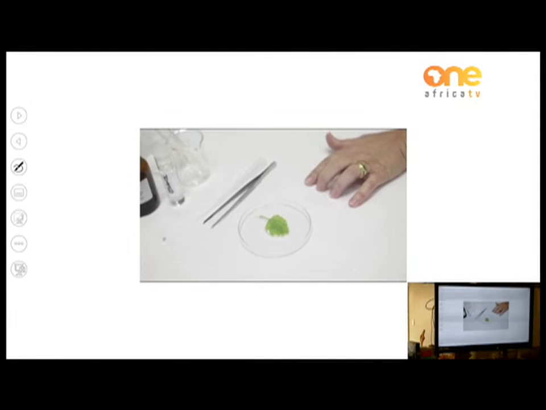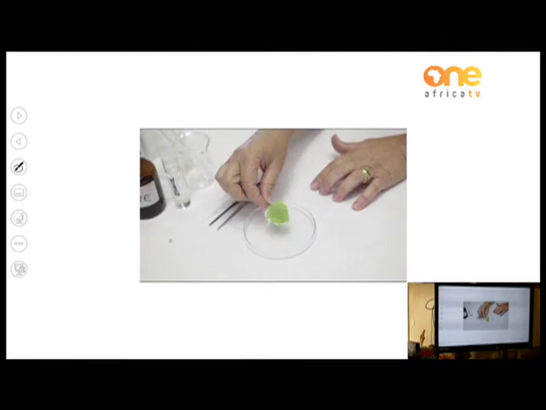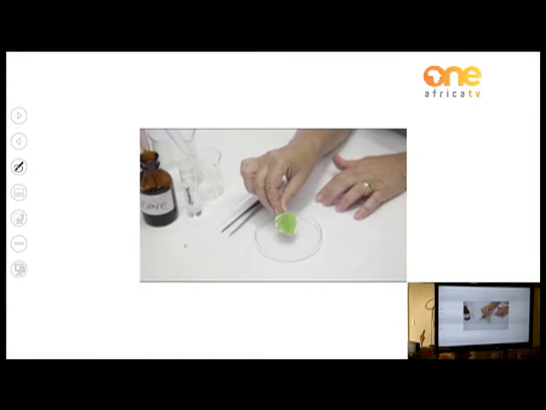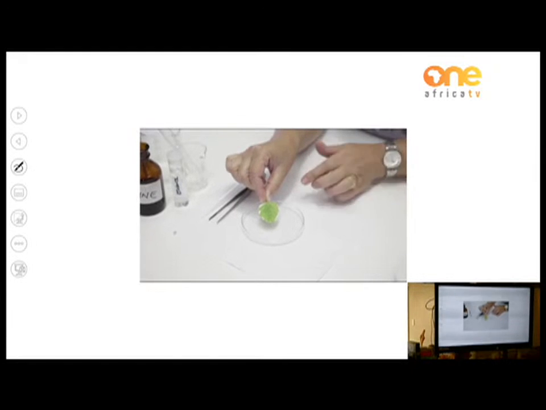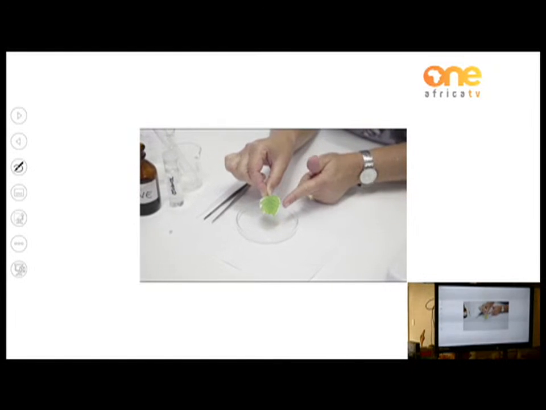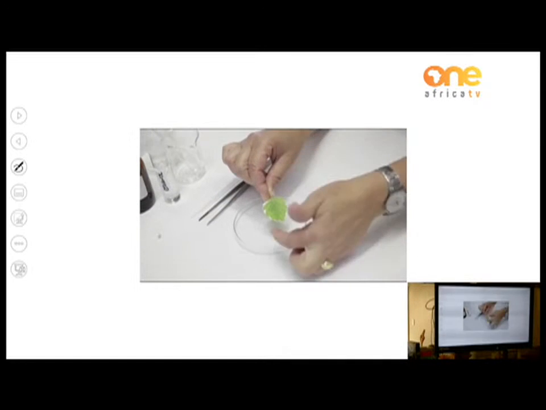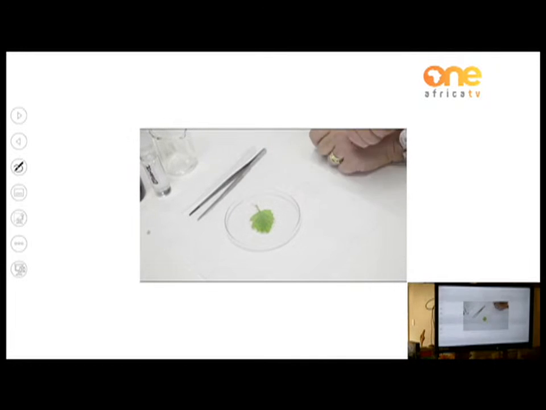For the practical, you would need a destarched leaf which is variegated, which means that there are parts that are green, which contain chlorophyll, and other parts, if you look on the margin here, where no green pigment occurs in that leaf. And that's why it is colorless.